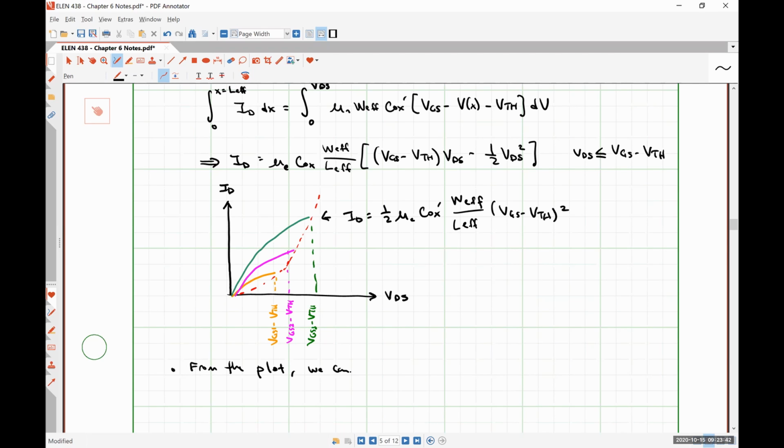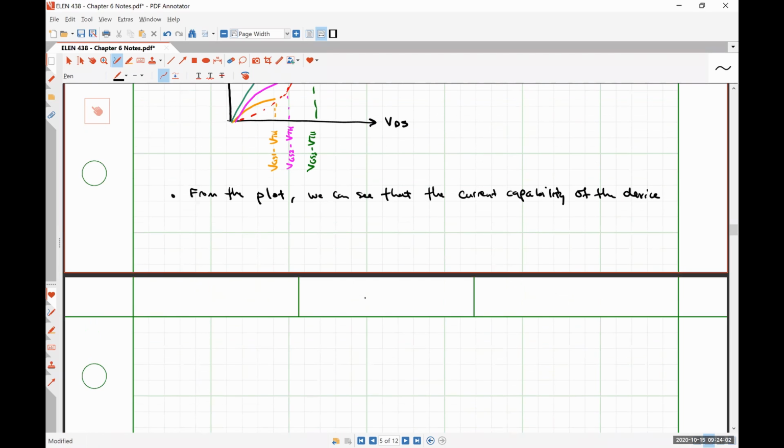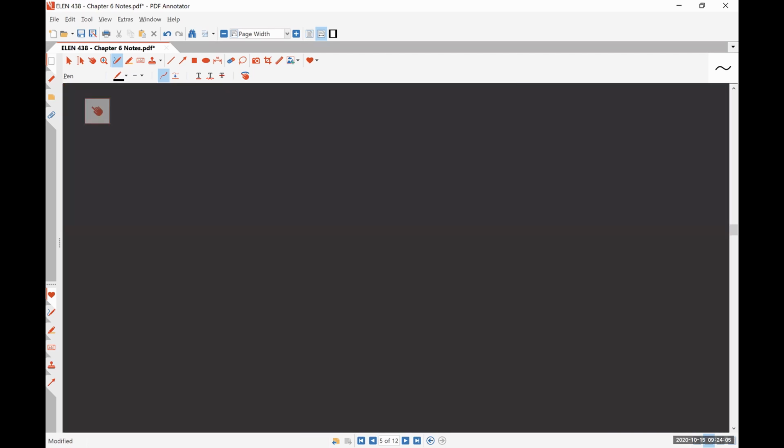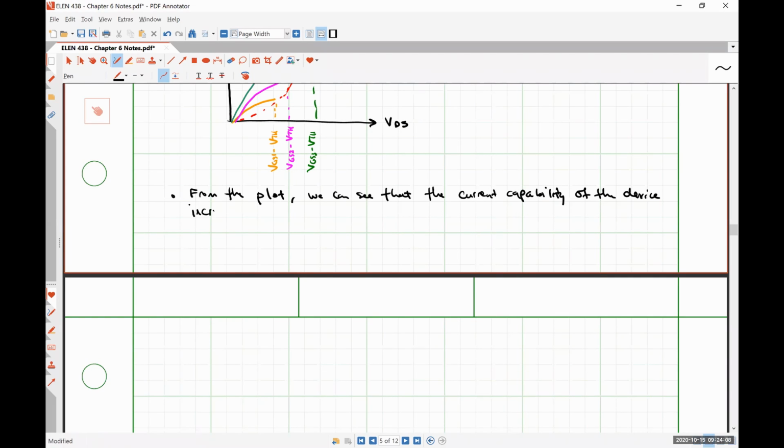From the plot, we can see that the current capability of the device increases with increasing VGS minus VTH.